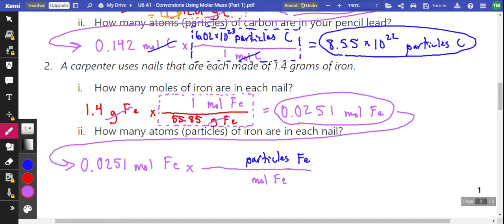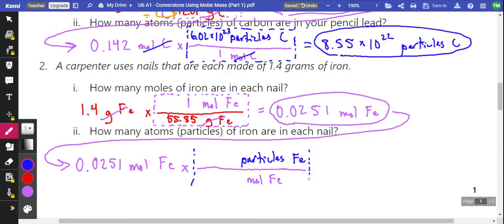All right. So again, the question is, how many particles are in 1 mole of iron? Now, the wonderful thing about the mole is it doesn't matter whether we're dealing with iron or carbon or water molecules or formula units of NaCl. In 1 mole of whatever, there are 6.02 times 10 to the 23rd things.